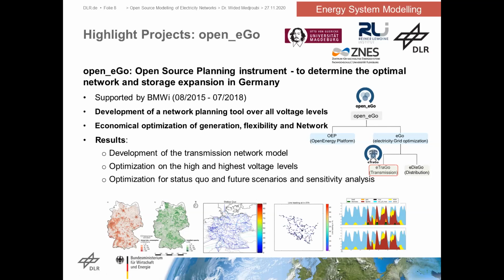So the whole planning of the electricity grid, and this tool also covers the whole voltage level span, from the distribution to the transmission, which is the highlight of this tool, and which differentiates it from tools which normally look only at the distribution level or at the transmission level.